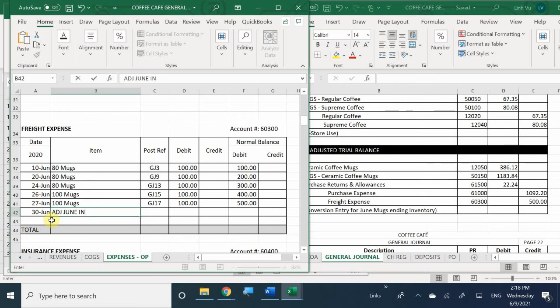Oops, inventory. Excuse me, general journal 21. And we're gonna credit $500. And that zeroes it out. Excellent.